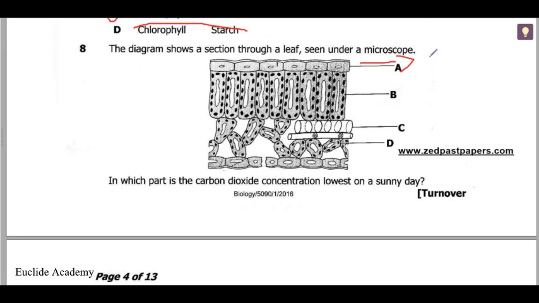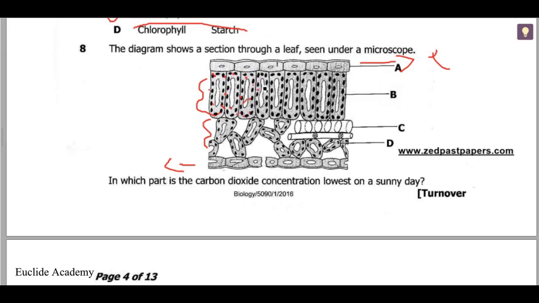Okay, so you have this seen under a microscope. This is what we call the upper epidermis, and this one is the lower epidermis. Then this is called the palisade layer, and this is called the spongy layer. In the palisade layer, we've got the palisade cells. These have a lot of black dots. What are these used for?